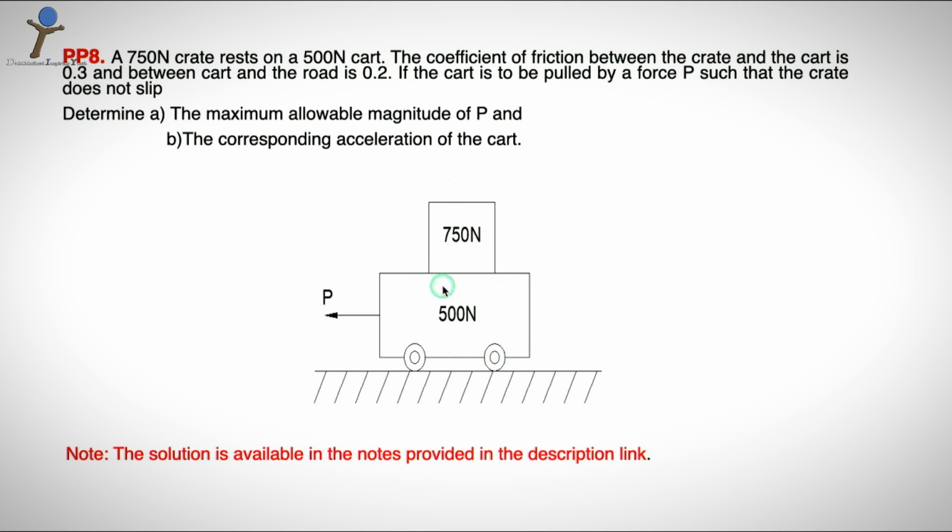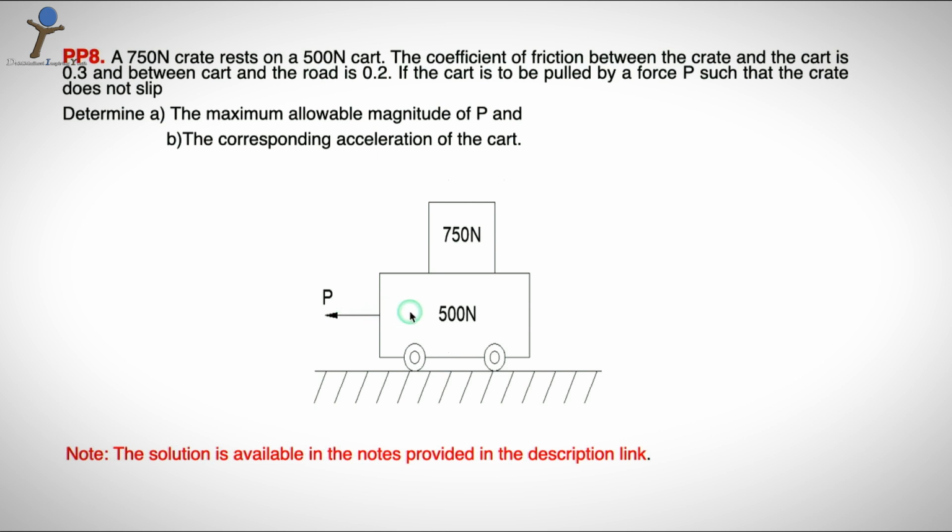And the coefficient of friction between the cart and the road, that means near the wheel contact surface, is 0.2. If the cart is to be pulled by a force P such that the crate does not slip, then determine the maximum allowable magnitude of P and the corresponding acceleration of the cart.